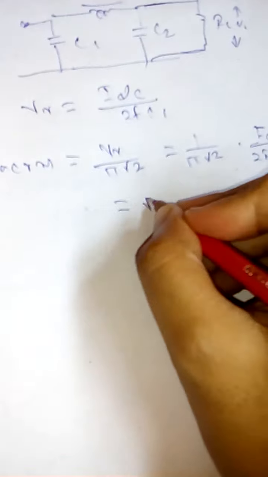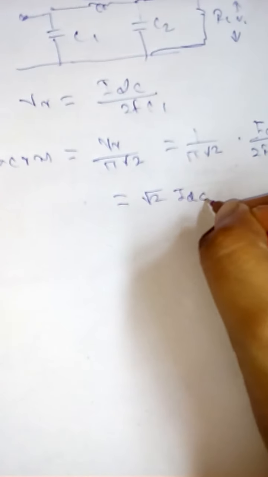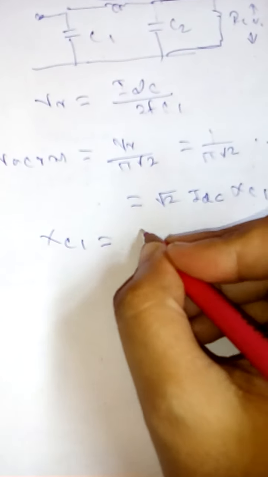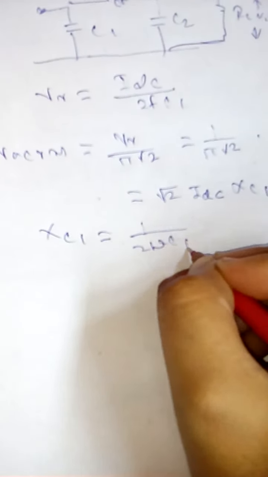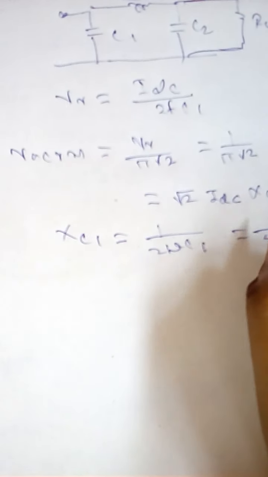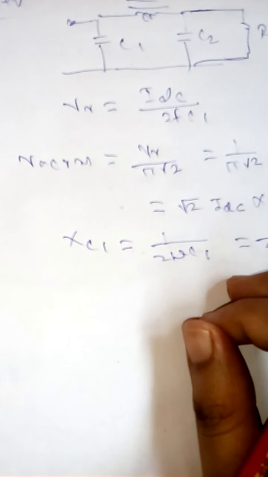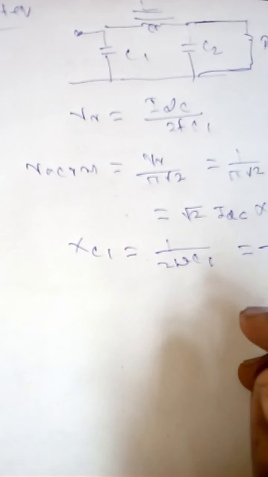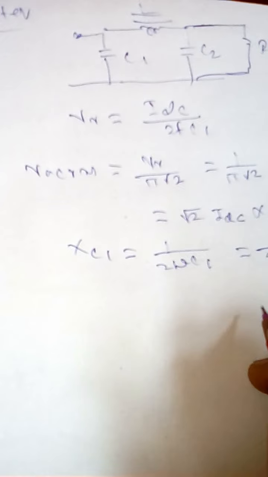So the value is root 2 IDC into XC1, where XC1 equals 1 by 2 omega C1, meaning 1 by 4 pi f C1, because omega equals 2 pi f. So VAC across the load is obtained by multiplying by XC2 by XL.